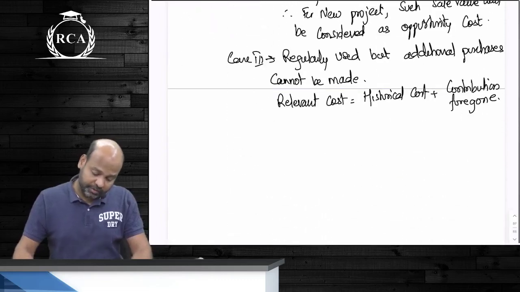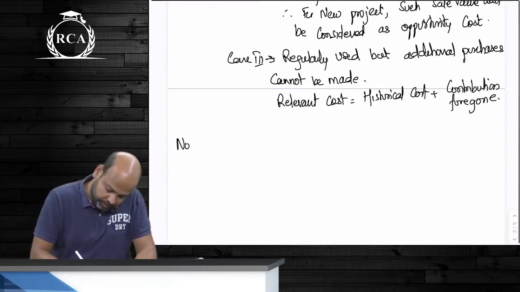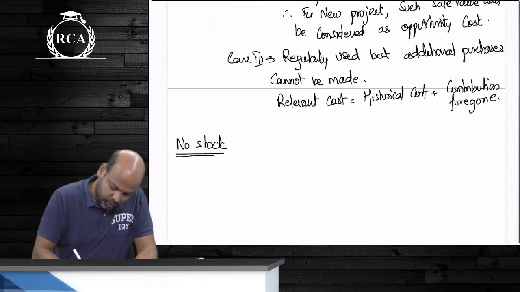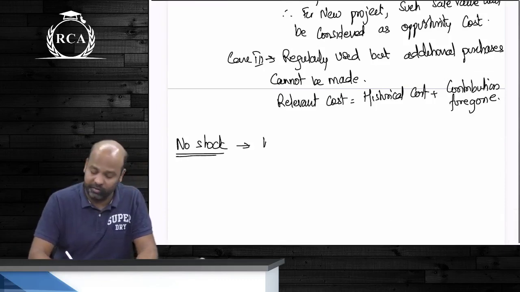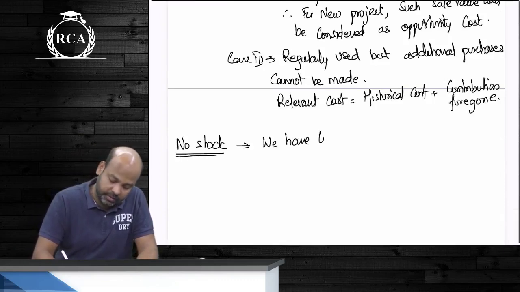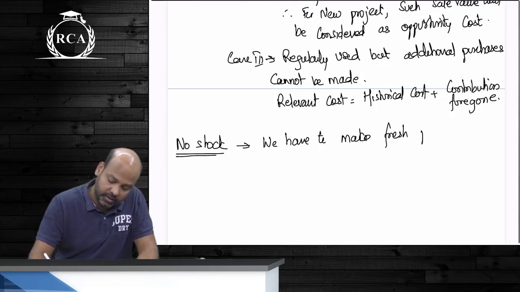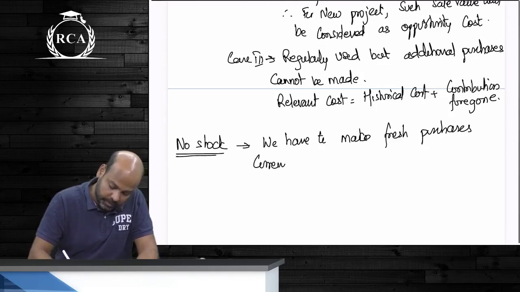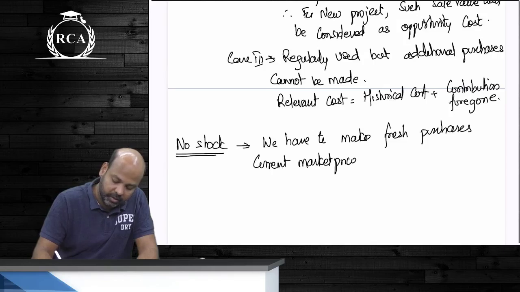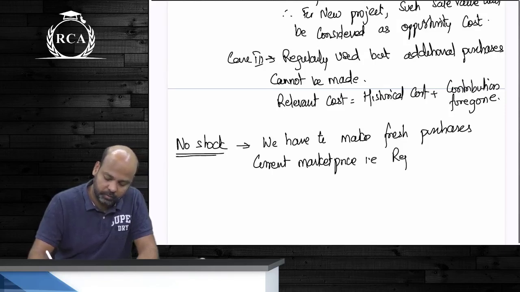What if you do not have stocks of material? If there is no stock, then obviously we have to make fresh purchases. So what will be relevant? The current market price, that is the replacement cost, will be relevant.